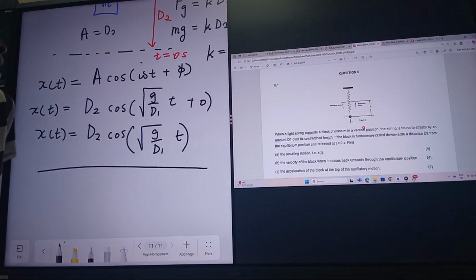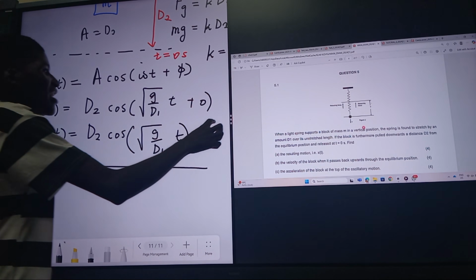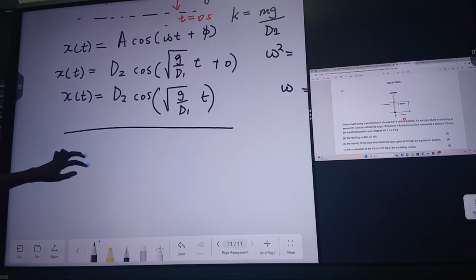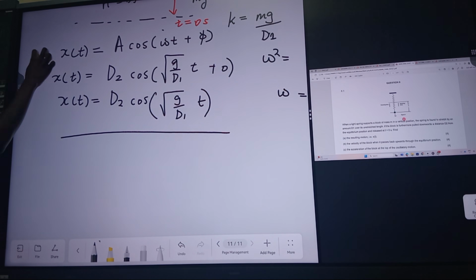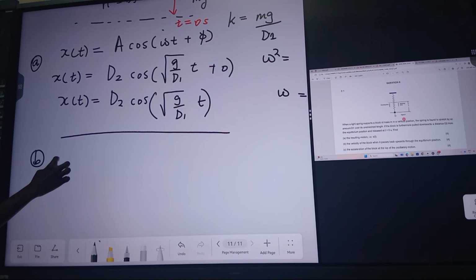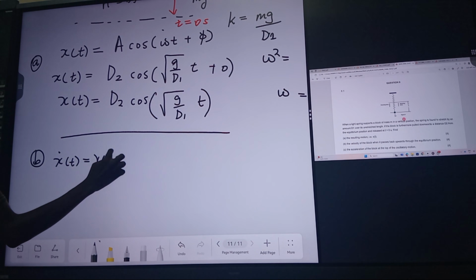Then we're going to find the velocity of the block when it passes back upwards through the equilibrium position. So how do we find the velocity, given that we now know the position? First derivative. The velocity is the first derivative of position.